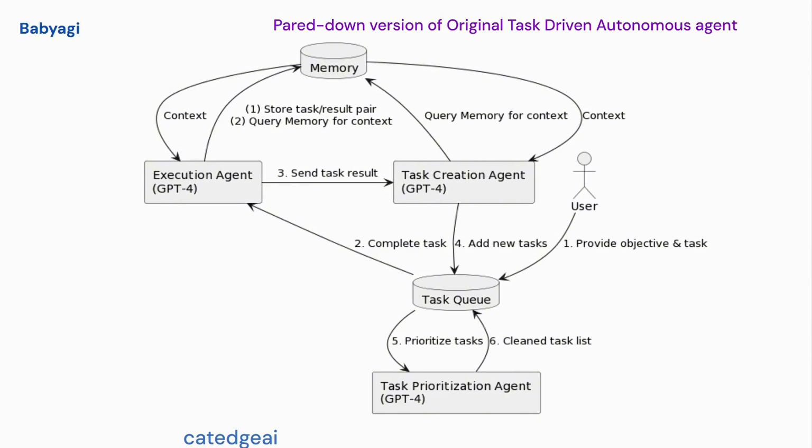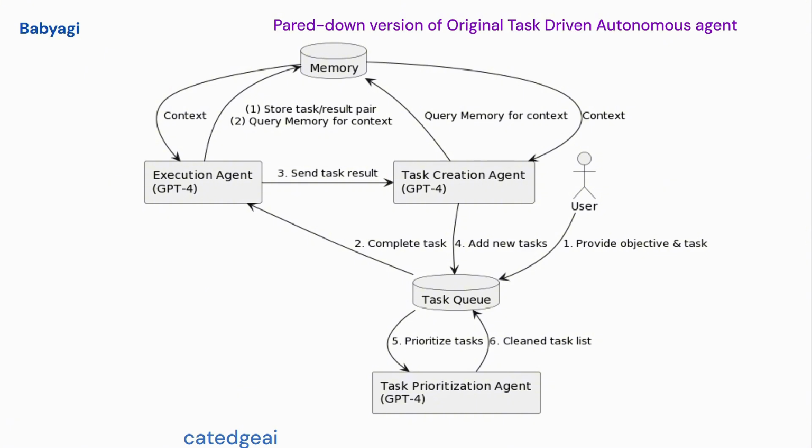What you're seeing is the pared down version of the original task driven autonomous agent. Basically the baby AGI's internal concept is the task driven autonomous agent concept. So how it works is, for example, the user enters some kind of information, whether DB operations or news feeds.